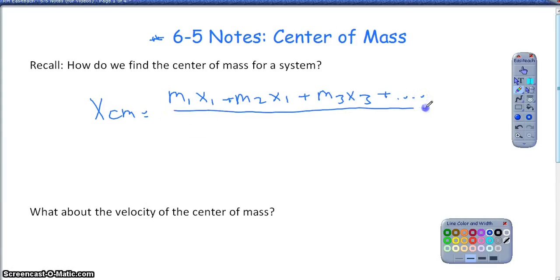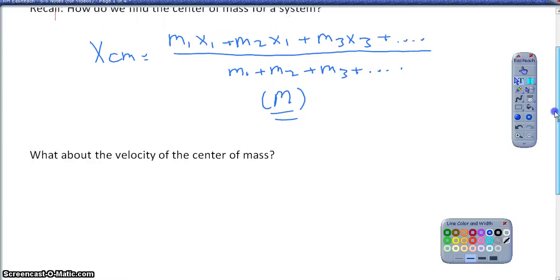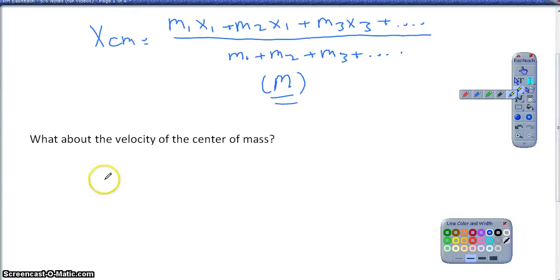And then I would divide by the total mass of the system, so m1 plus m2 plus m3, and so on. A lot of times we'd refer to the denominator as just the total mass of the system, so we might call that a capital M from time to time. You'll see as I use that later on once I do some calculus. This is more of a side note, but a good thing to review anyway.